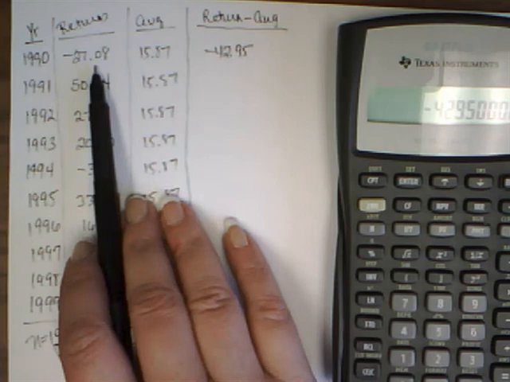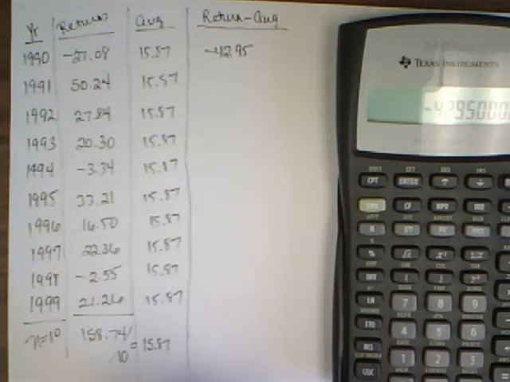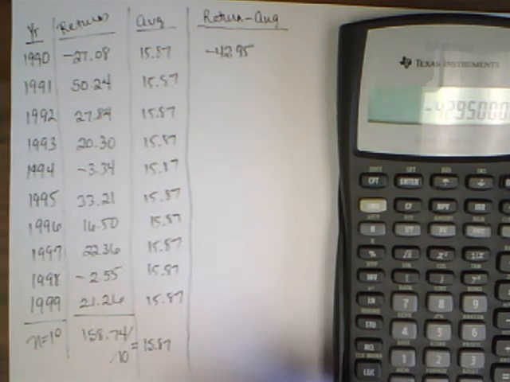When you subtract something from a negative number, when you write it down, you're saying negative 27.08 minus 15.87. Okay. Now what you're actually doing here, and I'm sure you'll remember this from your math class, you are actually adding the opposite.